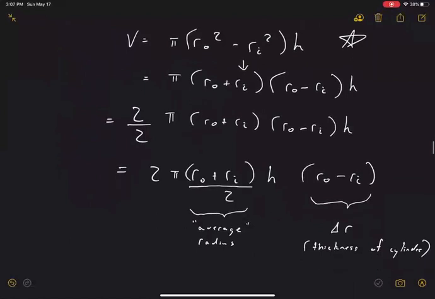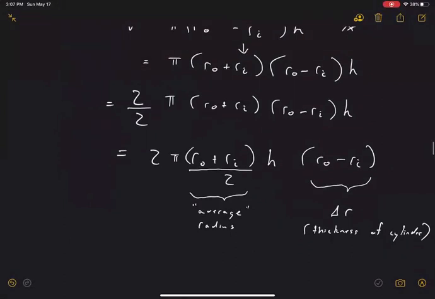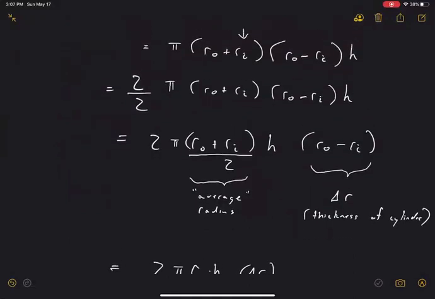Well, when I multiply by 2 pi h, that's going to give me basically the surface area of my cylinder. And then this RO minus RI is like the thickness. So I have a surface area times a thickness. That's giving me the volume of my cylinder.